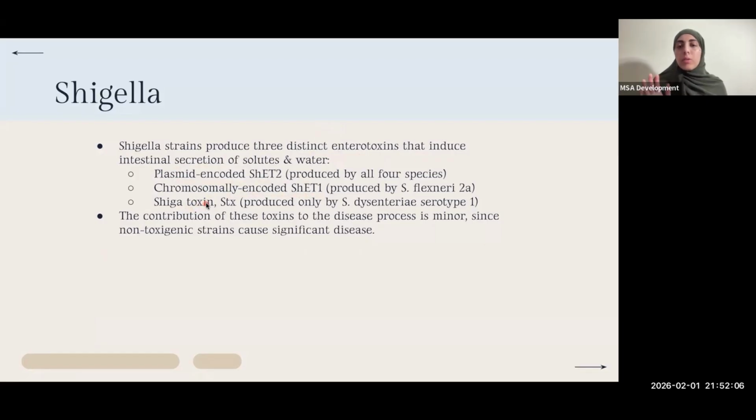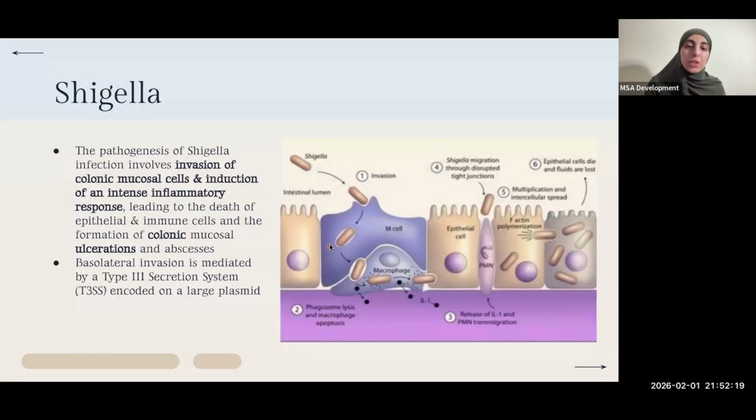These toxins will cause diarrhea in the way of enterotoxins, leading to all of the solutes and water going into the lumen, but it's very minor. The main way by which Shigella causes diarrhea is this invasion. And that's why the main diarrhea caused by Shigella is a dysentery, or an inflammatory bloody diarrhea. So mainly know the invasion, okay?